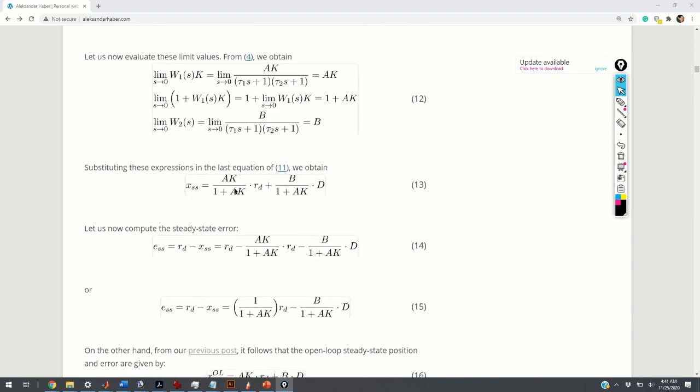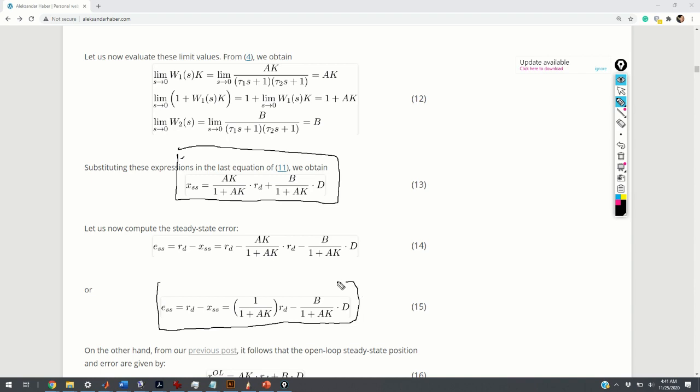We can obviously see that we can affect two parts by choosing a feedback control gain, K. We can affect the disturbances, so we can diminish this term, and by increasing K, we can make sure that this term here is equal to 1. So we will achieve approximately XSS equal to RD.